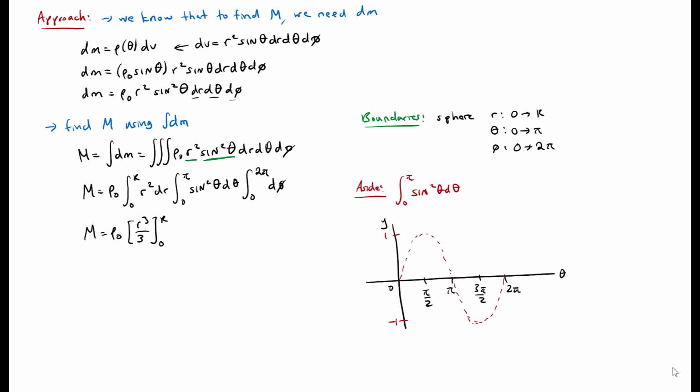If we're squaring this, it means that 1 squared is still going to remain as 1. 0 squared is going to still be 0. And -1 squared becomes 1. Because all of these values are less than 1, when you square them, they're going to be smaller than they were before.